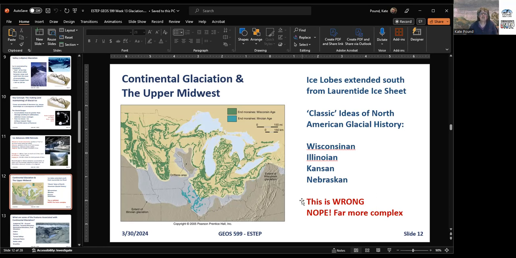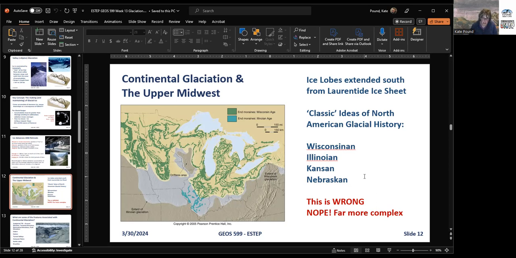There are far more advances than just 4 advances. We know that there are likely at least 16, and it's really hard because the sediment from those older advances ends up many times being buried by sediment deposited by the younger advances. So it's a tricky thing to disentangle and understand.